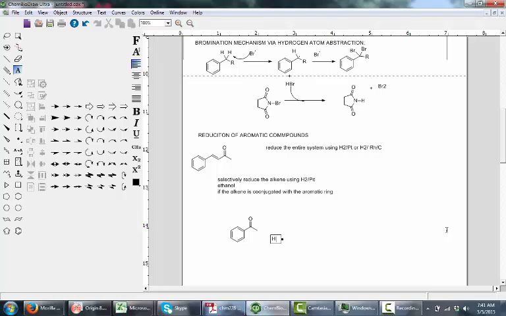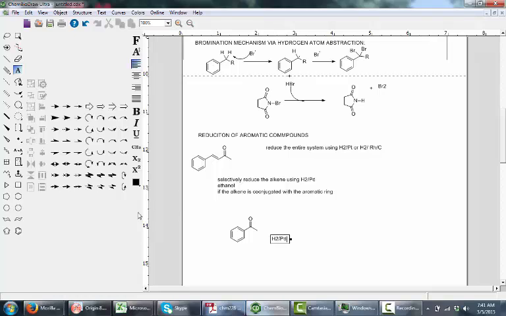And again, that selectivity is related to what's directly attached to the aromatic ring. So when the alkene is conjugated to the aromatic ring, I can reduce that with hydrogen and palladium. And where the carbonyl group is attached to the aromatic ring, I can do that with hydrogen and palladium as well.